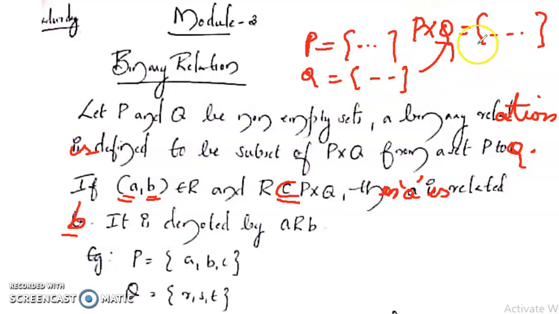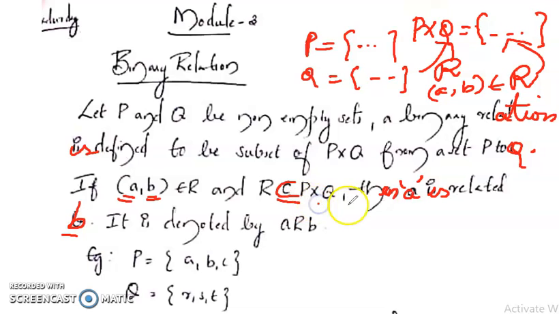If (a, b) is an element of R, so we define a relation R, and (a, b) belongs to R and R is a subset of P cross Q, then we say this a is related to b.